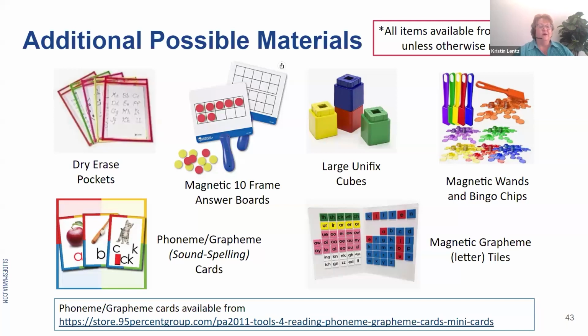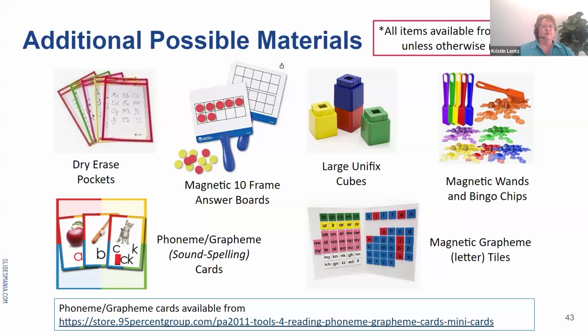Phoneme-Grapheme sound spelling cards. This is just one example that you can purchase. This one is particularly good by Mary Dahlgren, who is now working with the 95% group in order to sell her materials. She has a great set, 2 different sizes of sound spelling cards. And magnetic grapheme tiles are great.